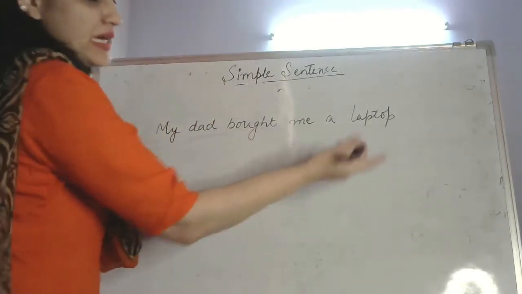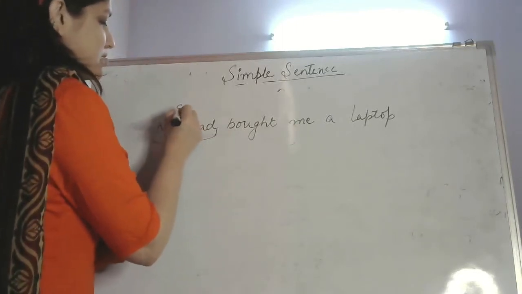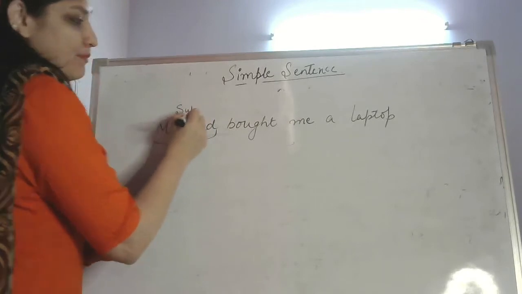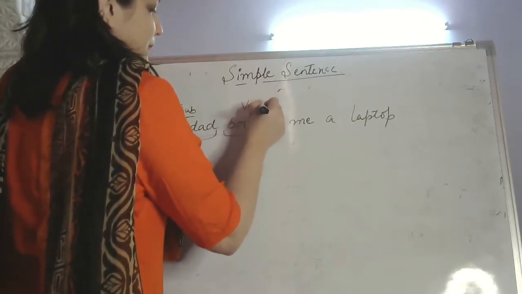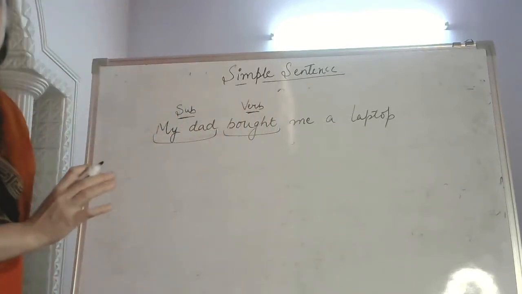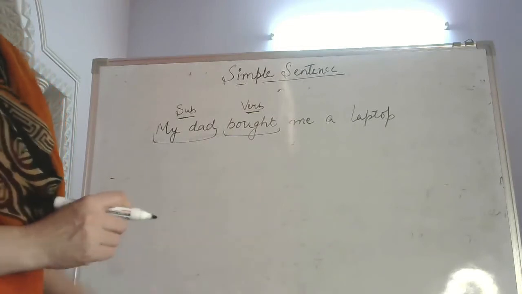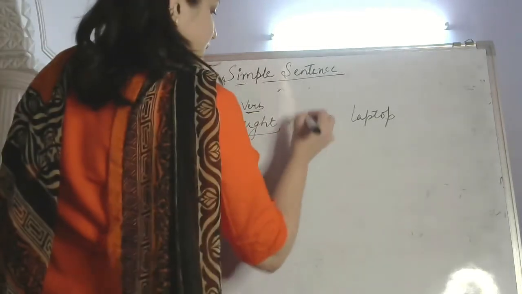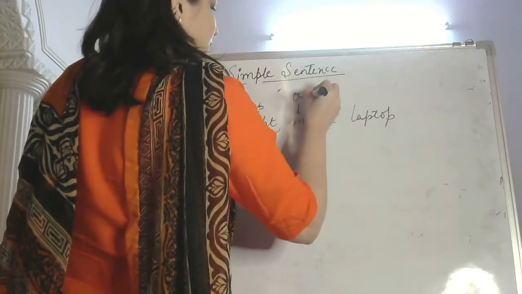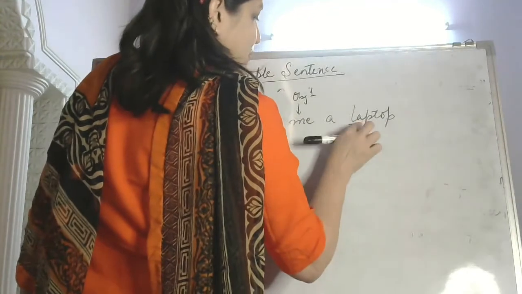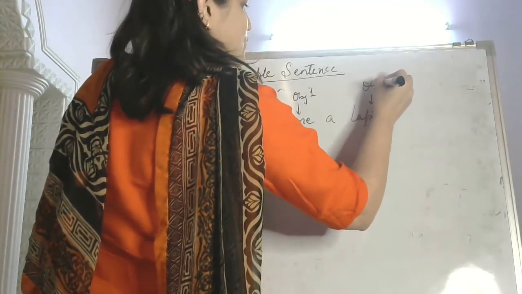So who is my dad? My dad is your subject, right? Bought is a verb. I hope you know that. So my dad is the subject, the verb is bought, me is object 1, and a laptop is object 2.